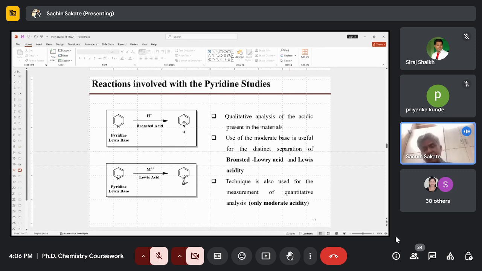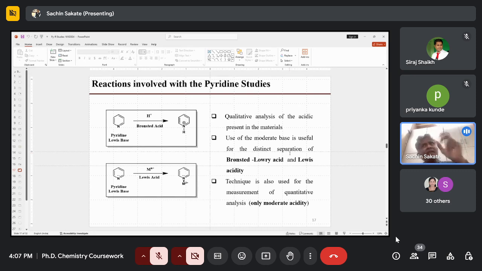One of the professors, Professor Akila Venugopal from IIT Madras, had quantitatively analyzed Pyridine IR, and now we have already claimed our results in the coming publication. In a few days, we will see that the quantification of the Pyridine IR is done by our group in our laboratory, that we are the second who can quantify the Pyridine IR studies also.